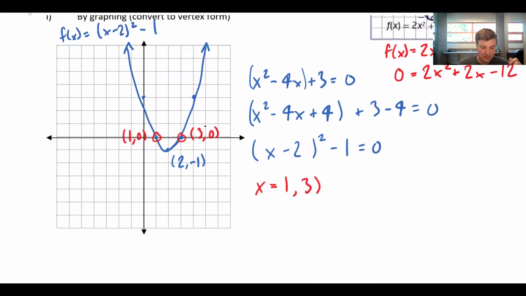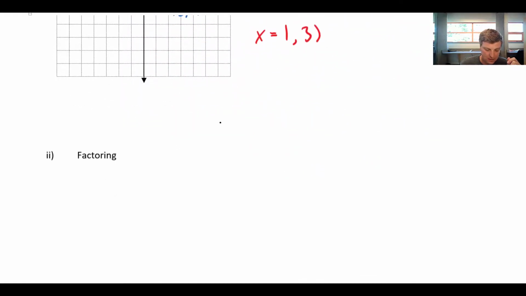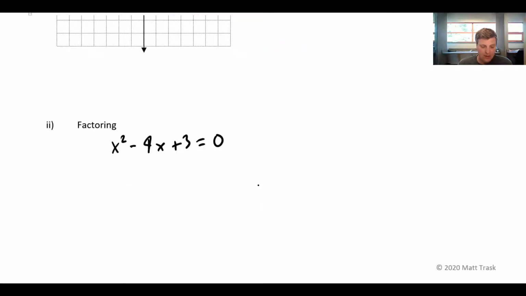That's x squared minus 4x plus 3, so we've got x squared minus 4x plus 3 equals 0. I'm going to factor this out, like we've done a bunch of times before, and see what I get.